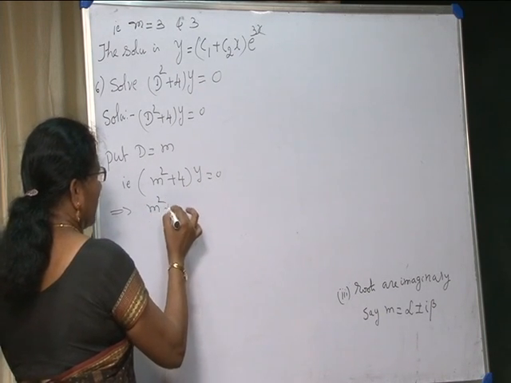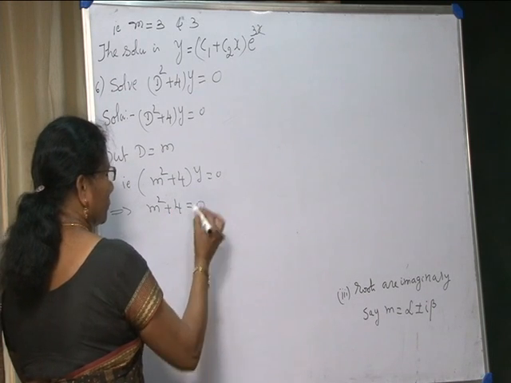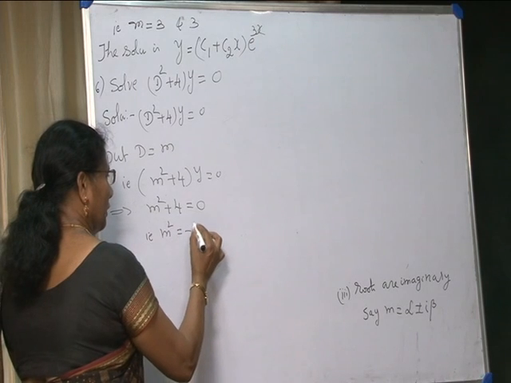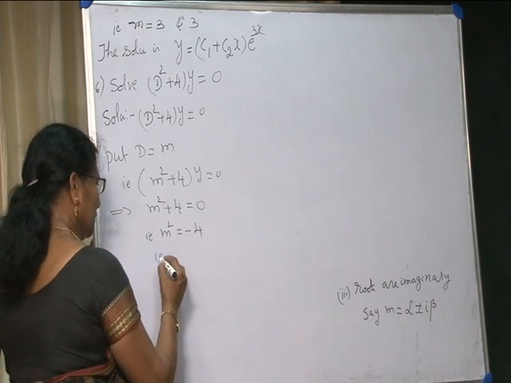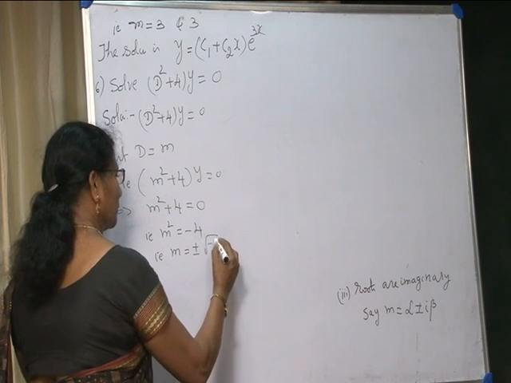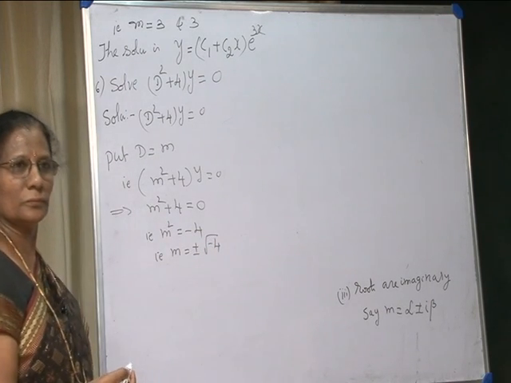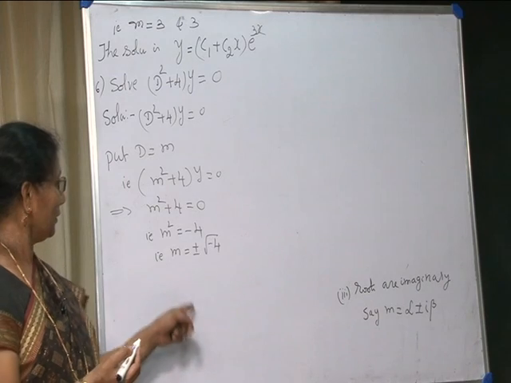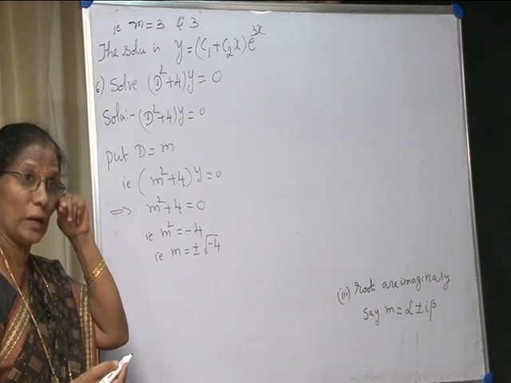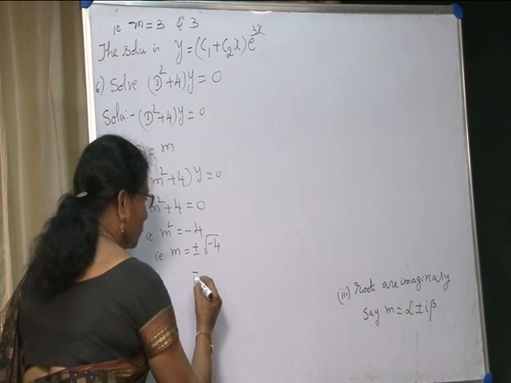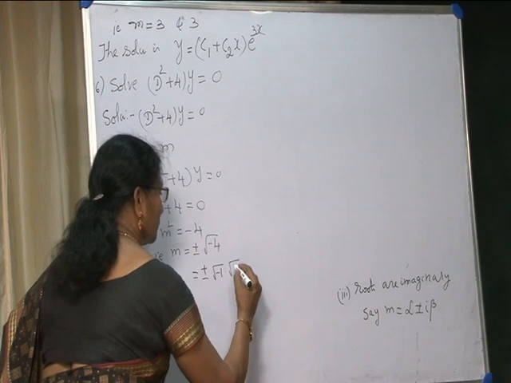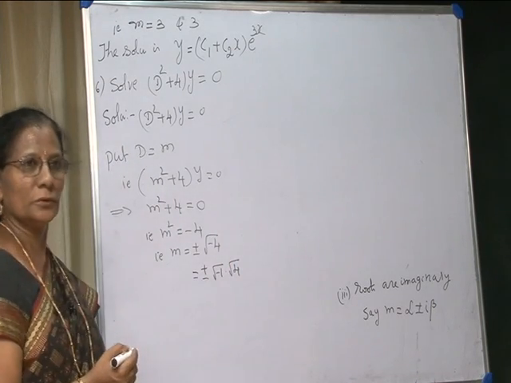m squared plus 4 is equal to 0, that is m squared is equal to minus 4, that is m is equal to plus or minus root of minus 4, is it? We know it very well. m squared is equal to minus 4, m is equal to plus or minus 2 values. This is equal to, look at the board, root minus 1 into root 4, is it?